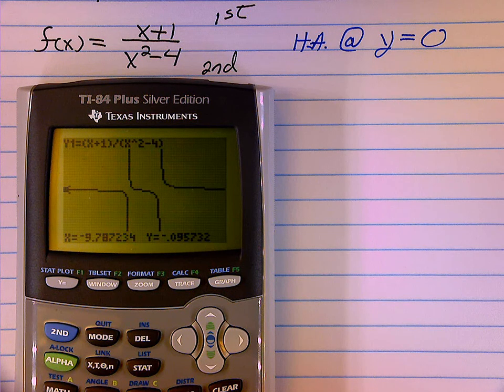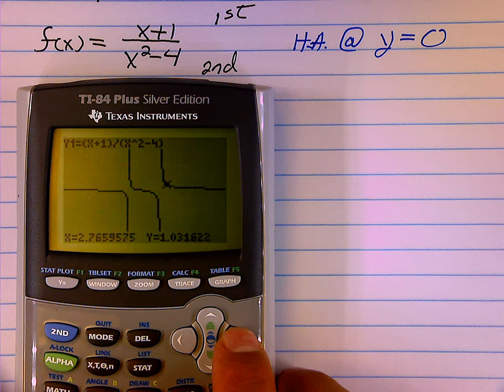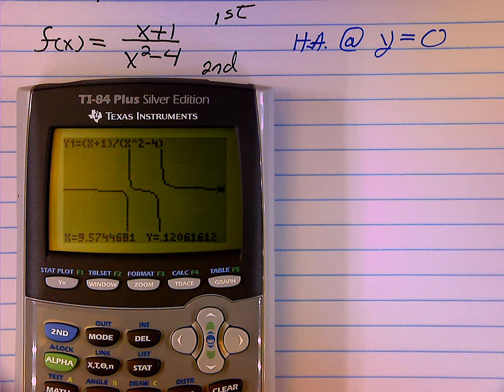If I move over my x value to +5, now I'm on the right-hand side. Notice it starts off very high, but then it keeps going down, down, down, and what I am approaching is a y value of 0. So that is called a horizontal asymptote.